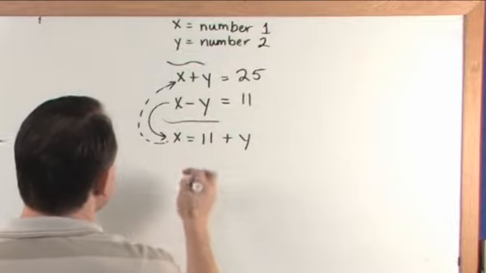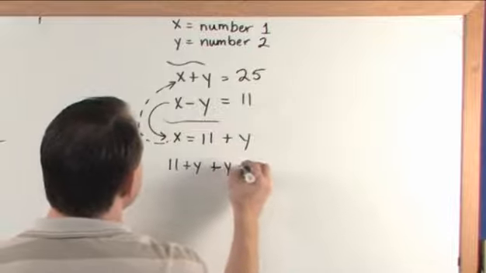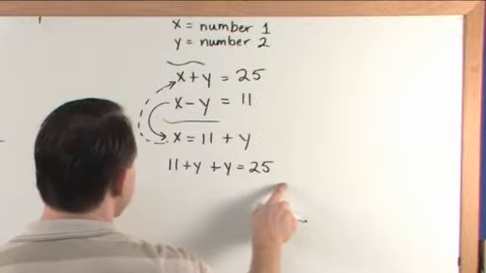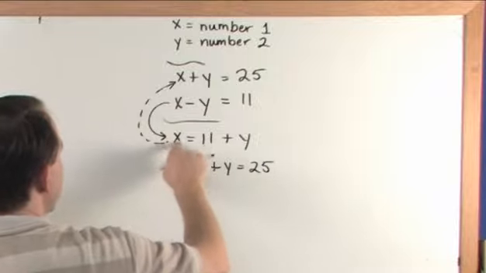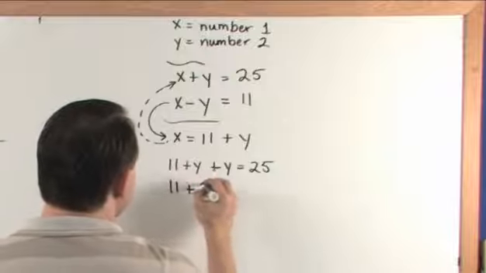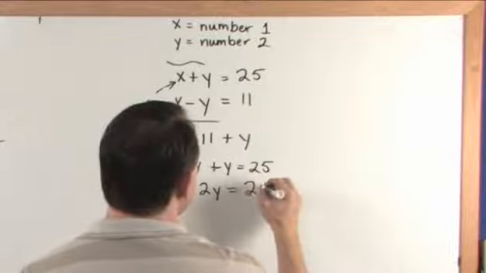So plugging it in here, 11 plus y is equal to 25. Okay? So now we can solve this equation. All we did was take the second equation that we found and plug it back into the first. 11 plus 2y, y plus y gives you 2y, is equal to 25.